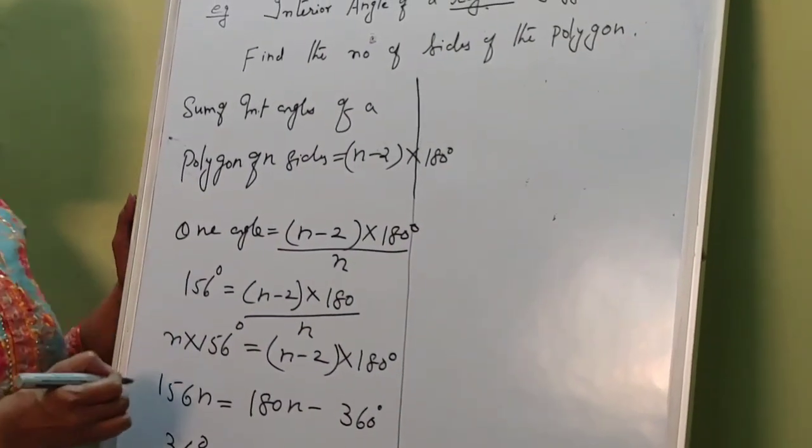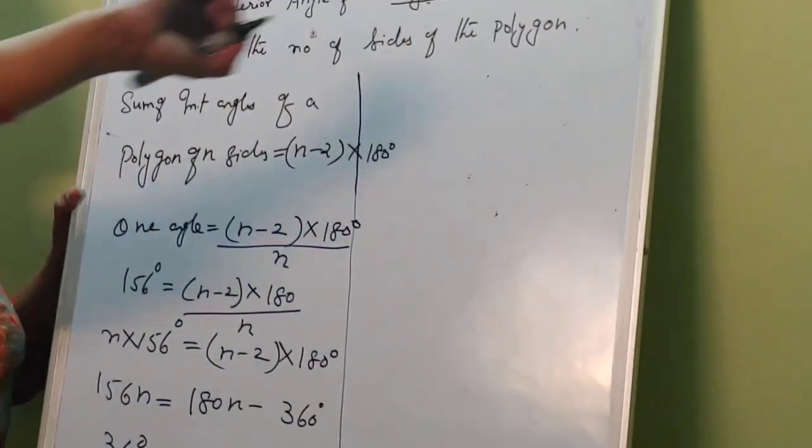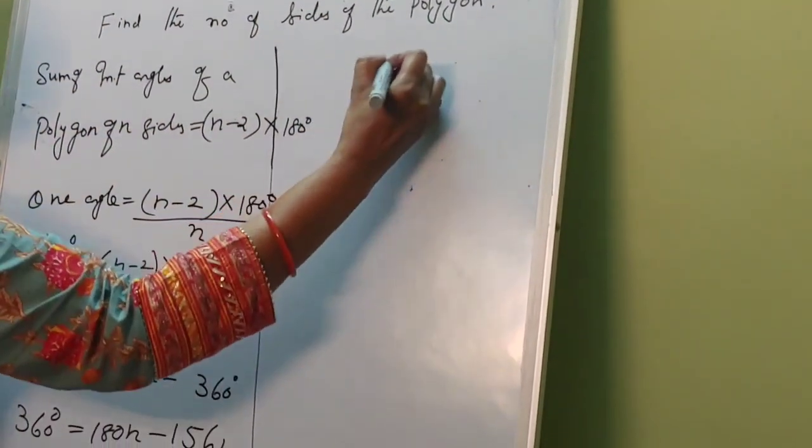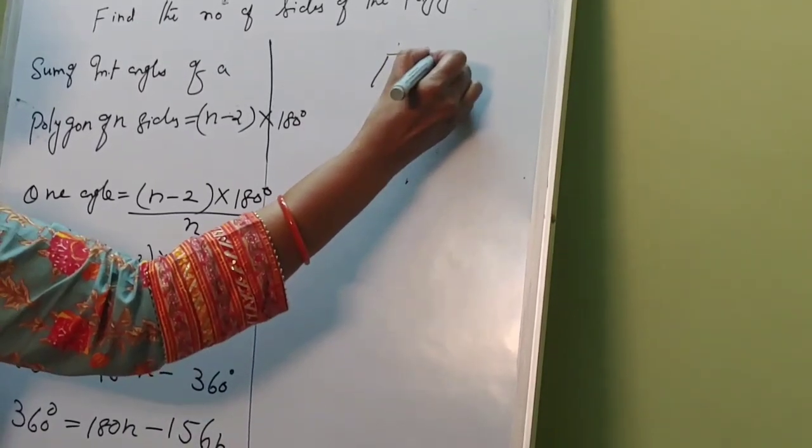Let's solve the same sum using the exterior angle property. Here, if I have a polygon, I don't know how many sides it has.